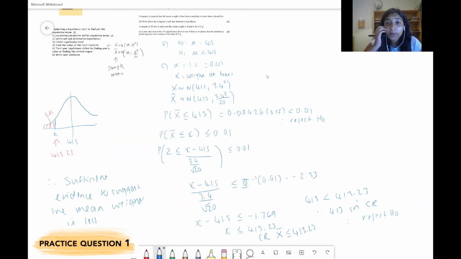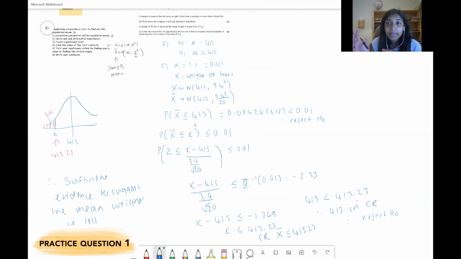And then if you're working with p-values, if it's a lower tail one-sided test, you do your sample mean less than or equal to the value they give you. If it was an upper tail one-sided test, it will be your sample mean more than or equal to that value, and you can just plug that in using your calculator. If it was a two-sided test, then you want to work out what your mean is.